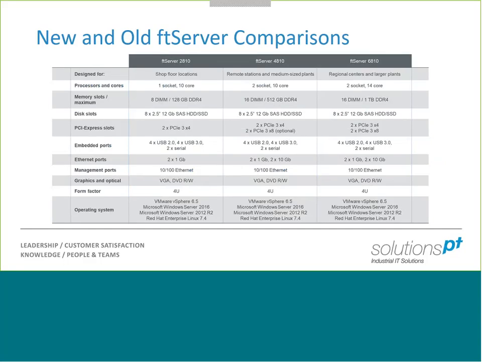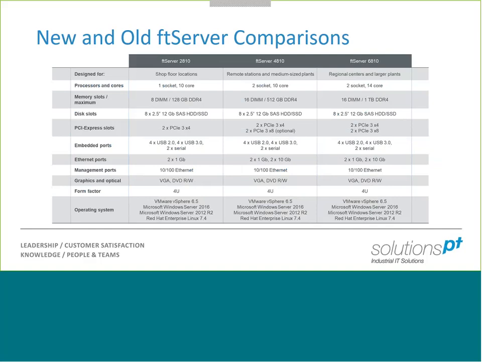So let's take a look at the comparisons between the new and old servers. So this table here is the new ftServer that was released in July of 2017. So you can see here that we've got 3 levels of system. So there's an entry-level system in the 2810, which will likely run around 7 virtual machines.